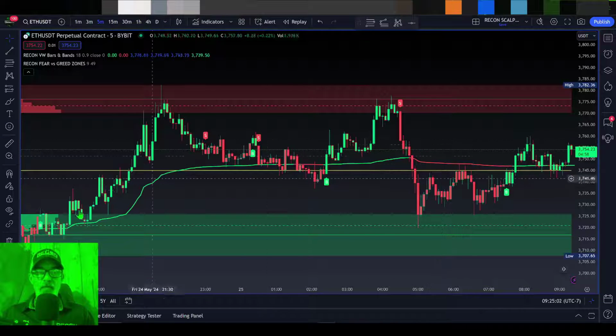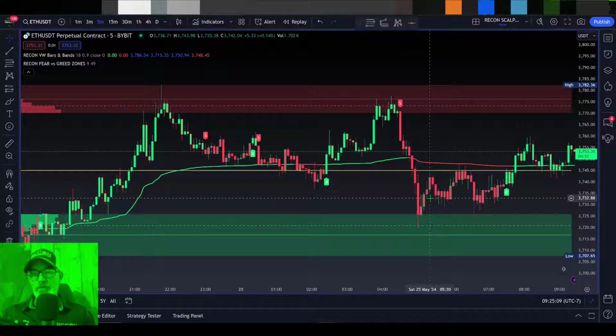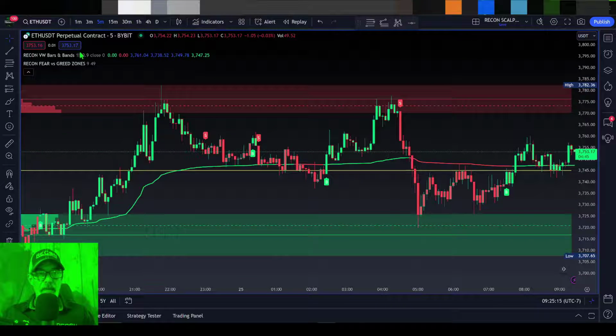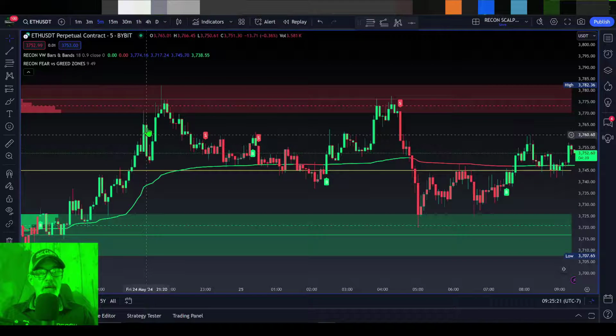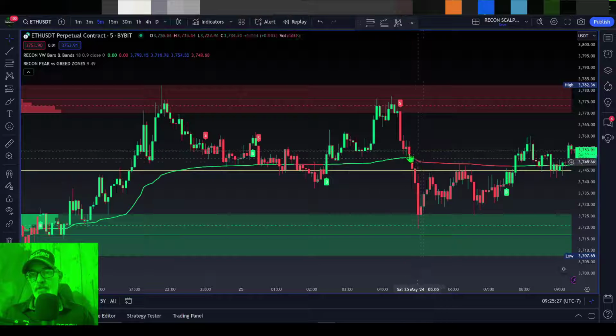Perhaps the green bars would indicate bullish momentum, the red bars would indicate bearish momentum. And keep in mind, some of these red bars are actually green bars if we remove my indicator, and some of these green bars over here on the left hand side of the chart would be red bars. And you can tell they're red bars because of the red wicks and outlines, and vice versa on this side.